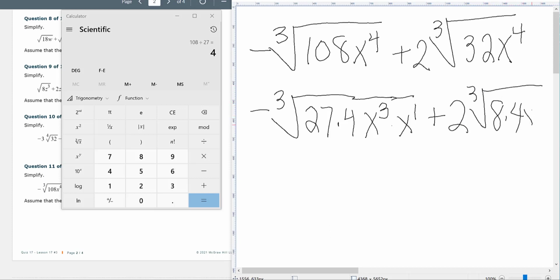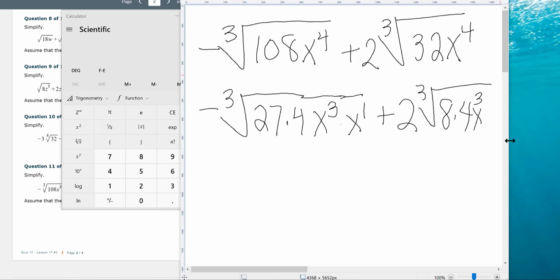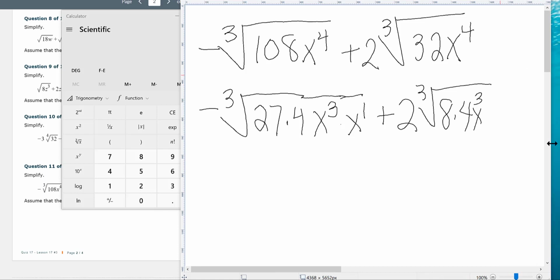And again, I'm going to have an x to the third and an x to the 1. Okay? Cube roots of perfect cubes can come outside. 27 and x to the third can come outside. 8 and x to the third can come outside because they're perfect cubes.